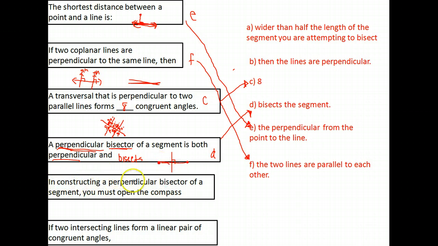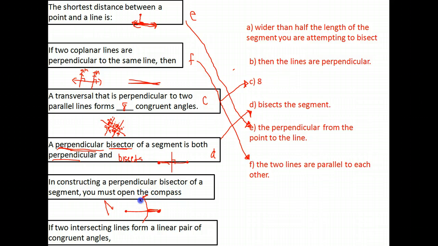Next, in constructing a perpendicular bisector, if you're making one, you must open the compass how big? So remember, the first step for constructing a perpendicular bisector was to start with a line segment. You took your compass, so this is our compass here, has a pencil on one end, a point on the other. Remember, we needed it to go at least halfway, so that when we make our arc, we're going past half.